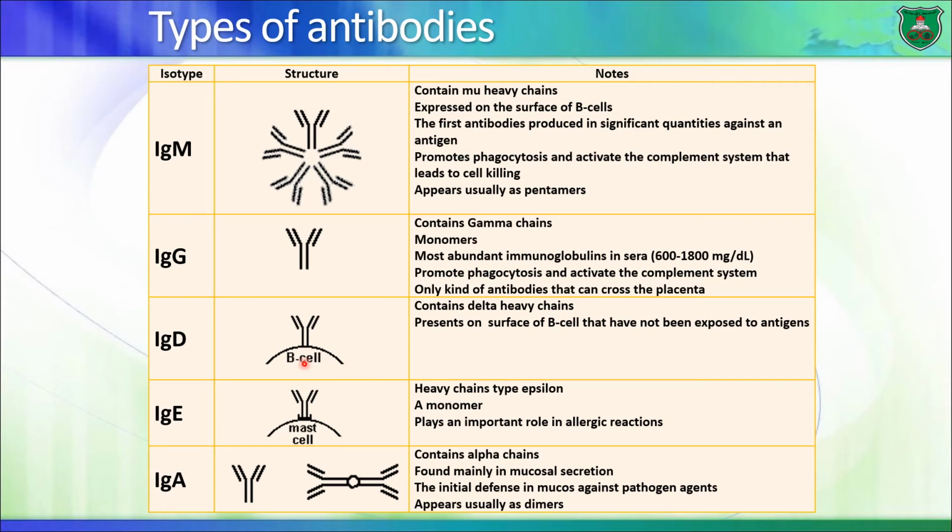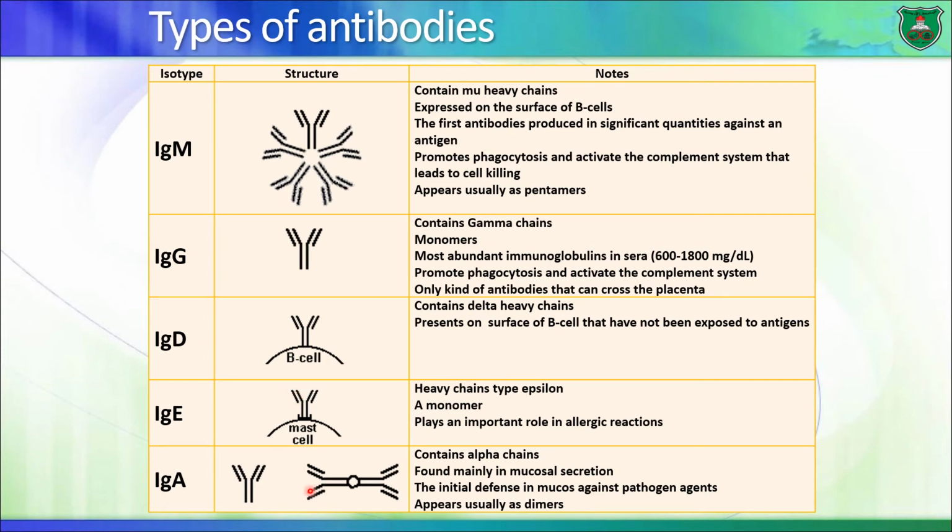And the main function of IgD is really still under investigation. Now IgE is produced from the epsilon exon. It's also a monomer. It binds to the cell surface of mast cells. These are immune cells, and these are the ones that are responsible for allergies and allergic reactions.